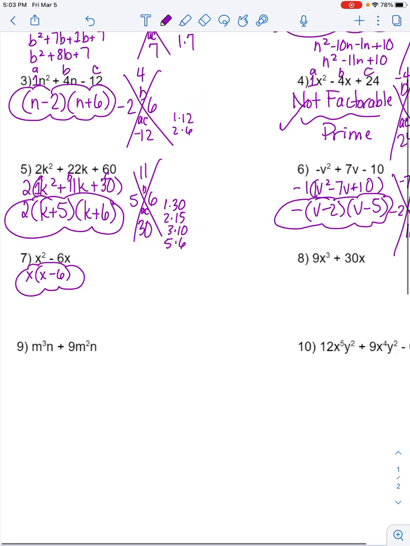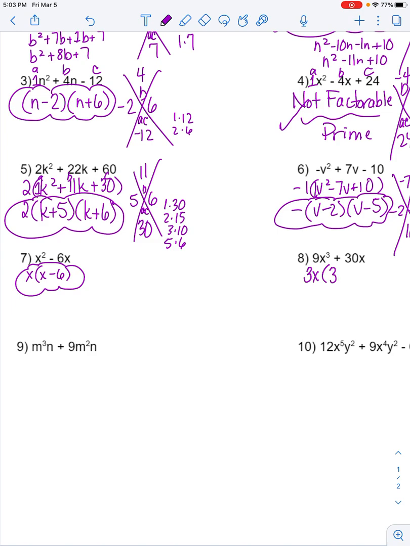Let's take a look at 8. So I have 9x cubed plus 30x. Well, it's not a trinomial, so right now I'm not going to use magic X for that. But I do notice I can factor out a GCF. 9 and 30 are both divisible by 3. And also, I have 3 x's here and 1 x here, so I can factor out an x.